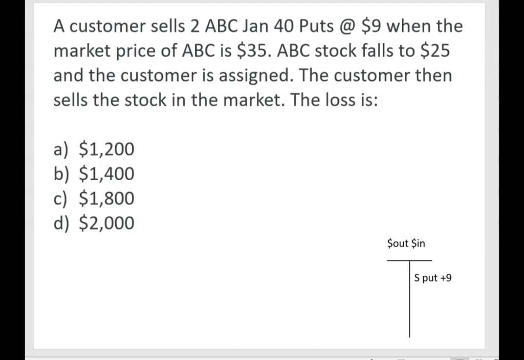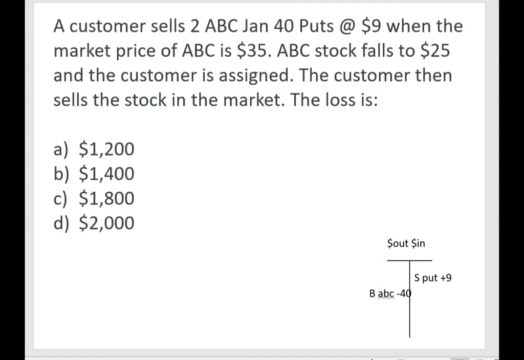So what does he got to do? He's got to buy it from him. He's got to buy ABC stock at $40. Okay, because the stock fell to 25, after all, is this option in the money now? Would you want to sell something for $40 that's worth $25? I think you would, right? Well, he's assigned, so he has to live up to the contract and buy it from him, and the customer sells the stock in the market.